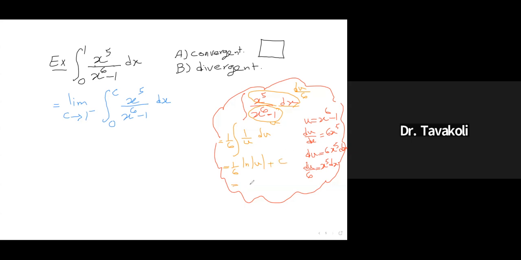In terms of x, it is ln of, what was u? u is x to the 6 minus 1, so ln of the absolute value of x to the 6 minus 1, plus a constant. Since we are dealing with the definite integral, that plus constant is not needed. So let's go back to the evaluation of this integral.